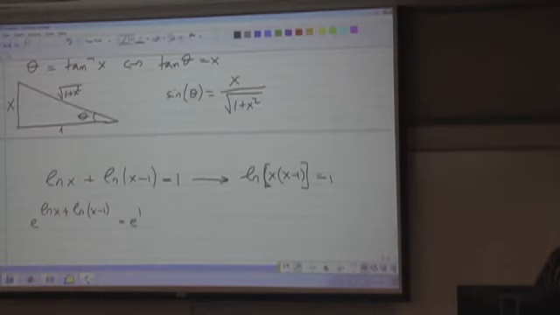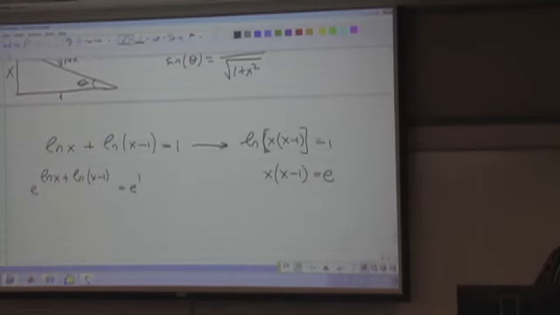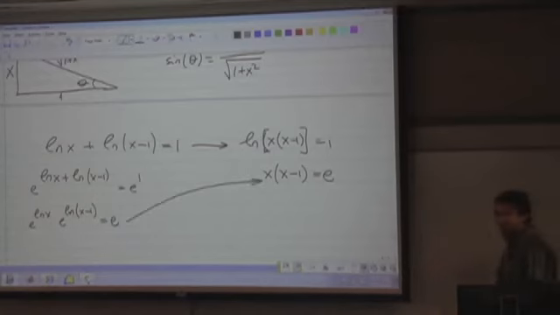Which means x times x minus 1 is equal to e. The left-hand side, if I want to continue on, the only way I can get rid of the e's and the ln's is to realize that I have e to the ln of x times e to the ln of x minus 1 is equal to e. Which sends me exactly there. Is everybody understanding this?